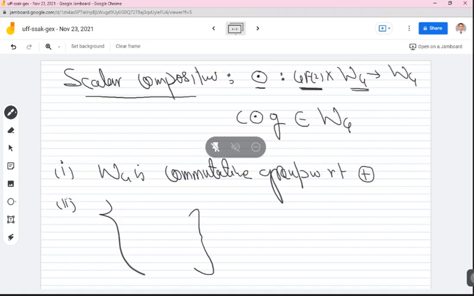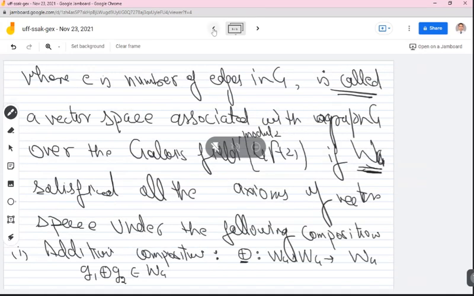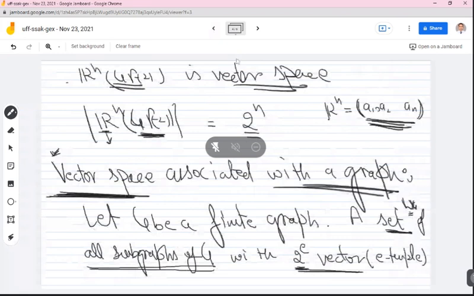Clear? Now, this is the definition. Now how to find it? In this definition you have seen that WG is the set of all subgraphs of G with 2 to the power E vectors, means E tuples.